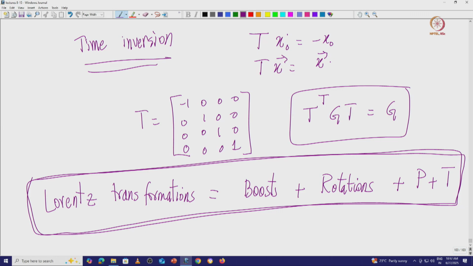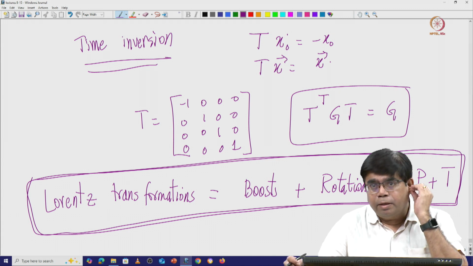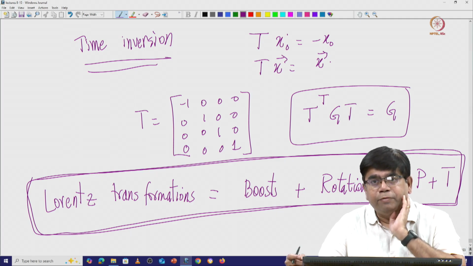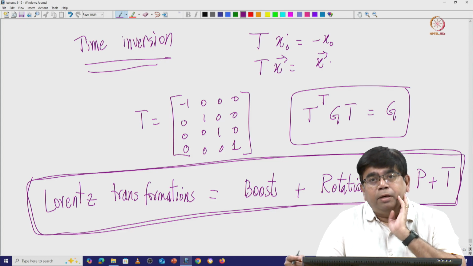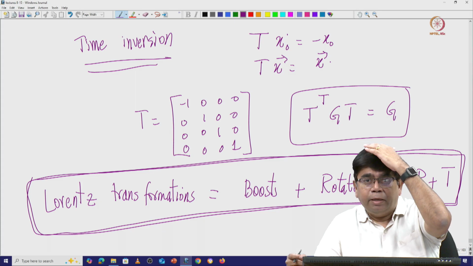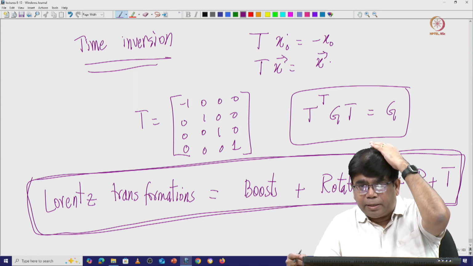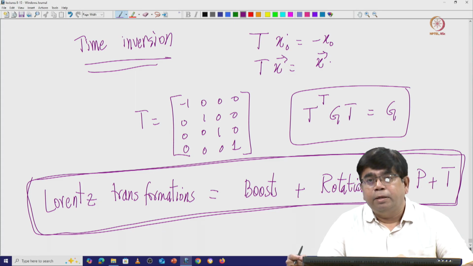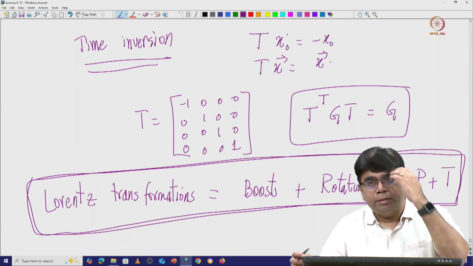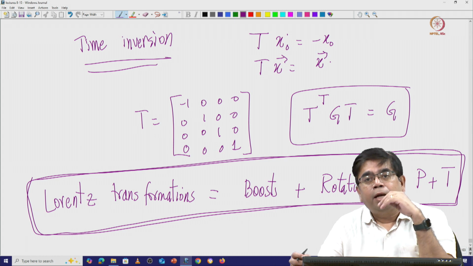Now later on, as we will see, there are some important reasons why we need to classify the Lorentz transformations. There are very important theorems in quantum field theory and also relativistic quantum mechanics, which require a particular classification. These discrete symmetries play a very important role.